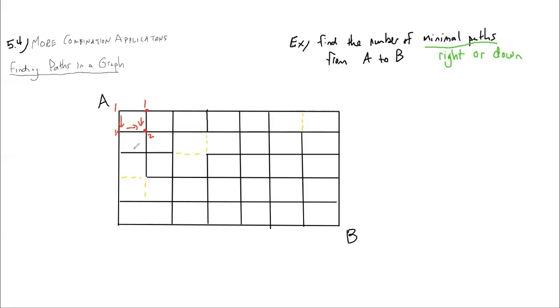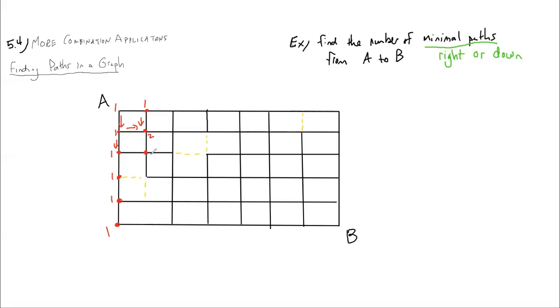I usually find it easiest to work in columns across or rows down. So if I stick with this column, the only way for me to get here is from above, so that's a 1. If there was a node here, I would only get there 1 from above, 1. Basically, there's only one way to get everywhere along that leftmost edge. And then it starts getting a little bit more interesting as we move into the middle.